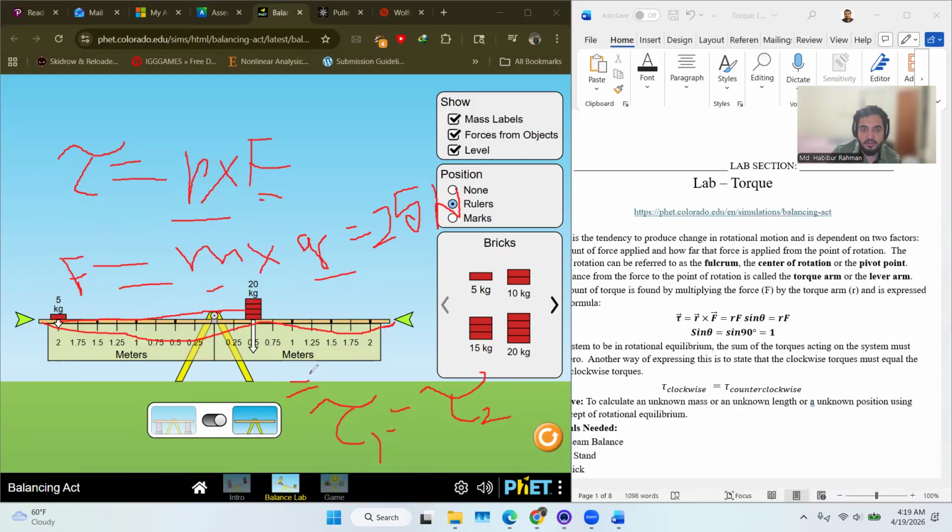So what happens is that in the torque there is distance times force and distance times force. F1, this is R actually, guys.